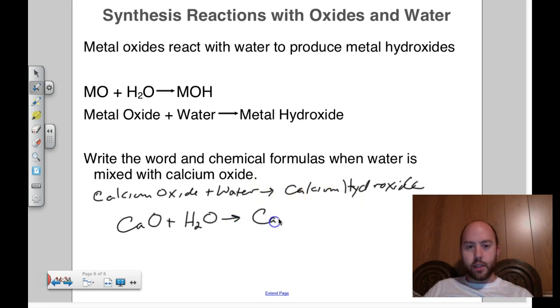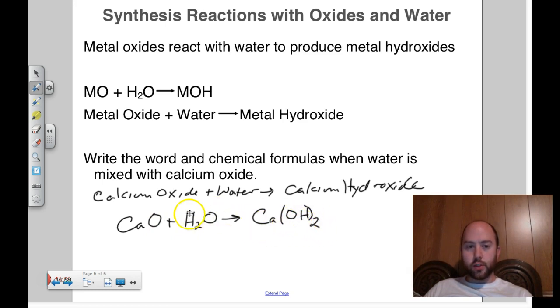So calcium Ca plus 2. Hydroxides, OH, -1. So I need 2 hydroxides, so parentheses 2. And now I gotta balance it. 1 calcium, 1 calcium. Now watch this. 1 plus 1 more oxygen. There are 2 total oxygens on the reactant side. 2 oxygens.